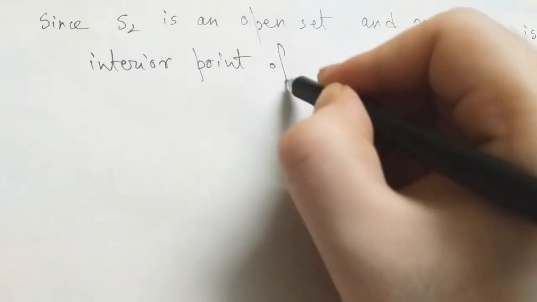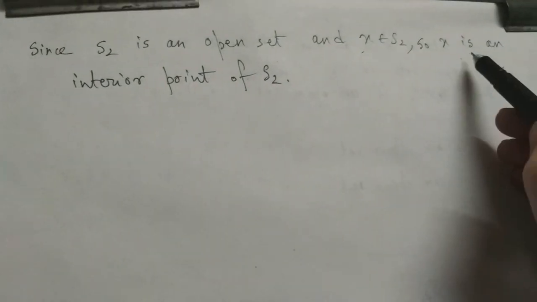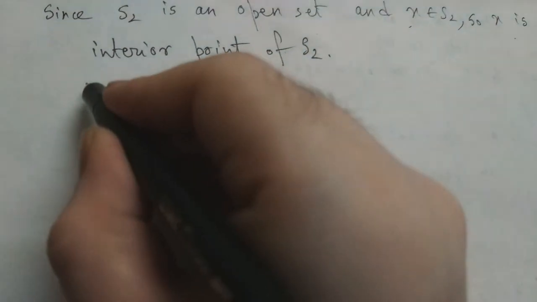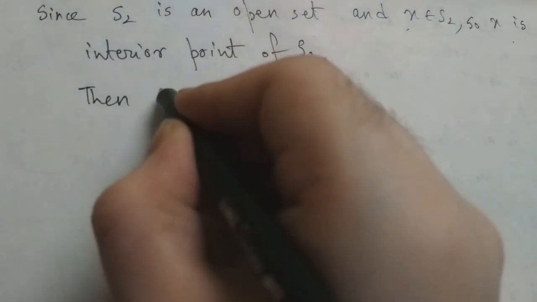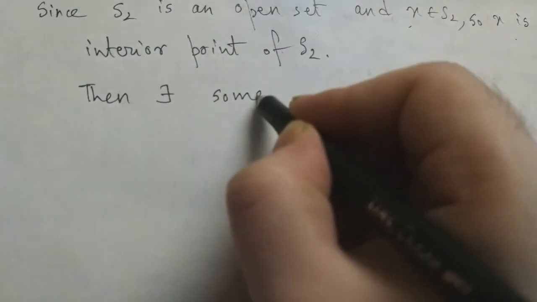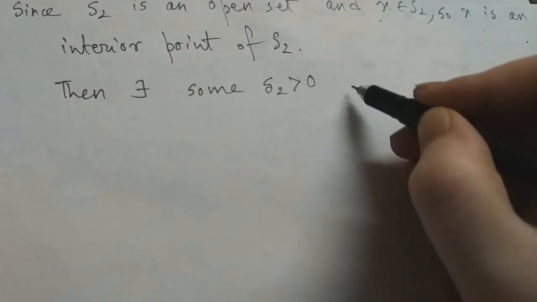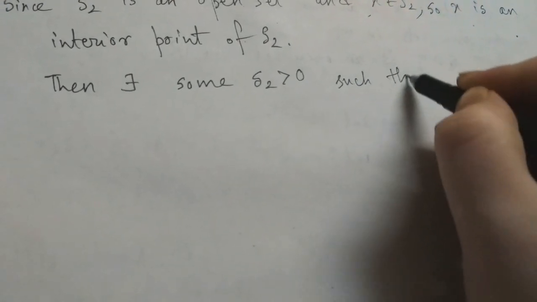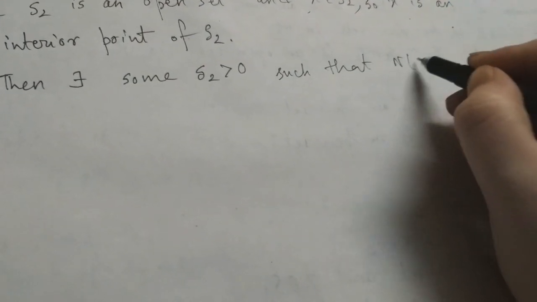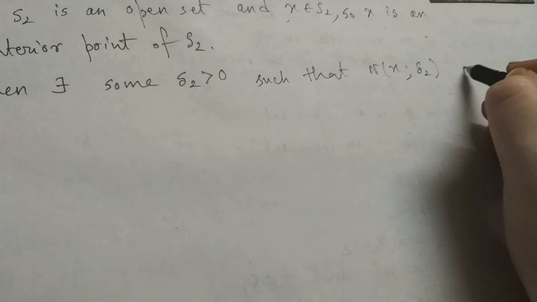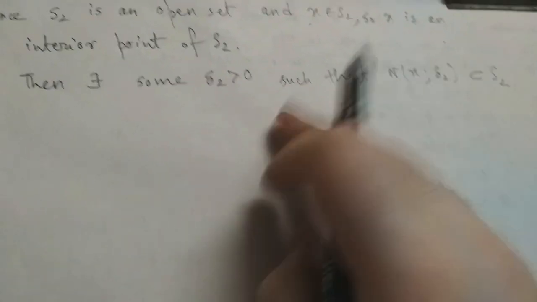Now, since x is an interior point of S2, by definition of interior point, there exists some delta 2 greater than 0 such that delta 2 neighborhood of x is contained in S2.